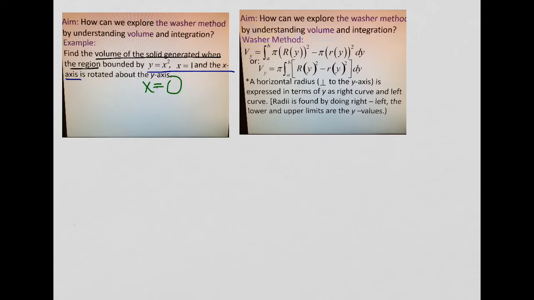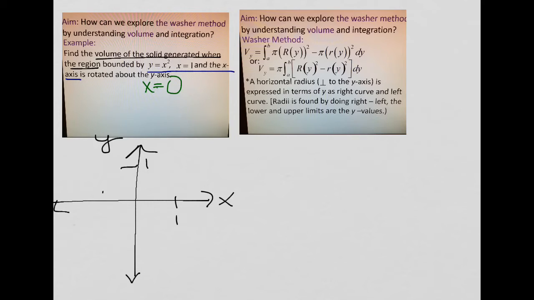I'm going to do the same thing as before and first start off with a drawing of our function. So we have our axes, and we have 1, 1. You could have negative 1 if you'd like.